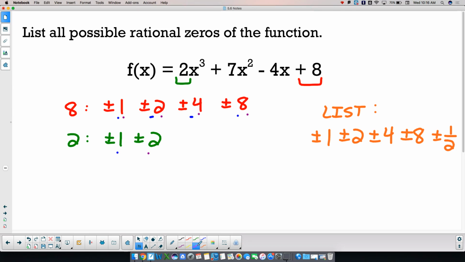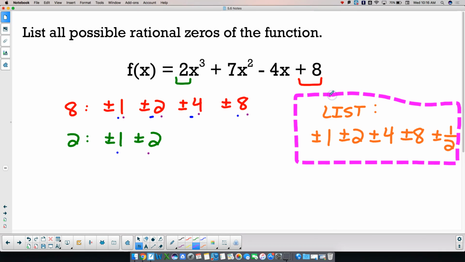So we've taken the list of infinite zeros and we've narrowed it down to 10.